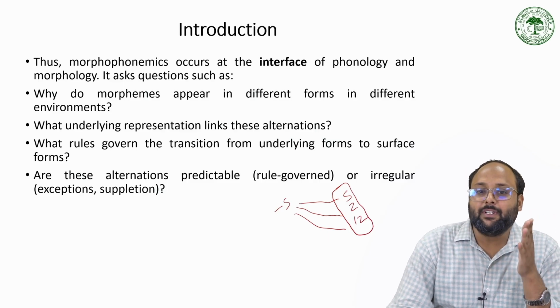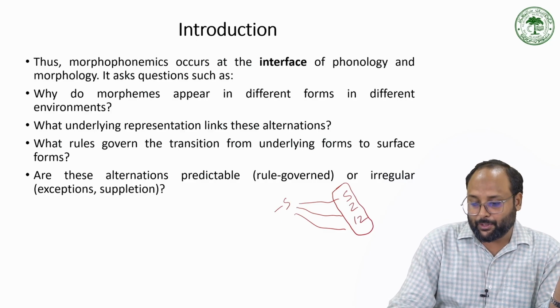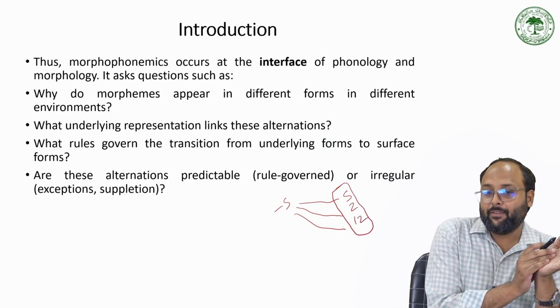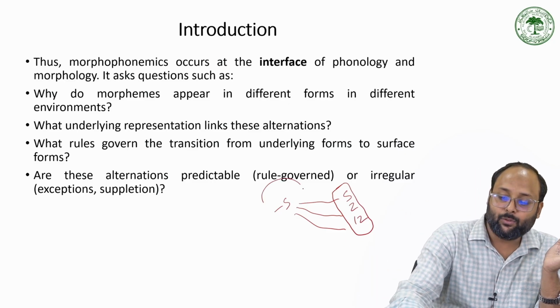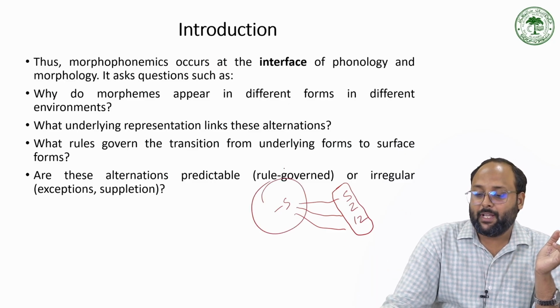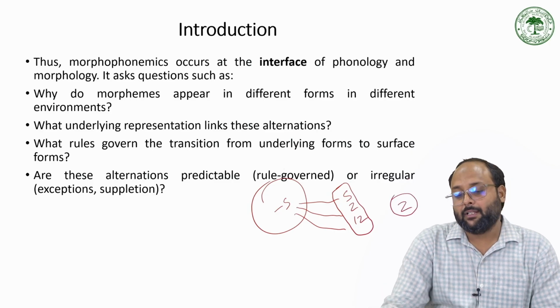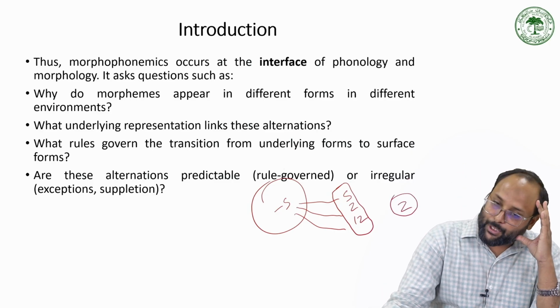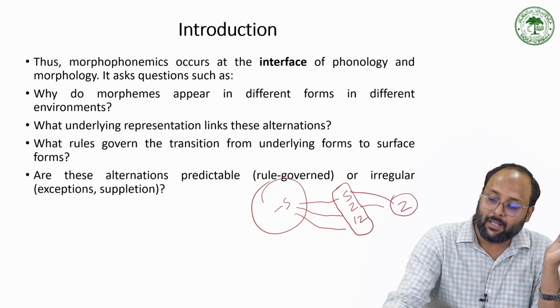And what rules govern the transition from underlying forms to surface forms? At the underlying level we have the za morpheme. So in our mind we have the za morpheme, and za has three different representations: sa, za, and is.